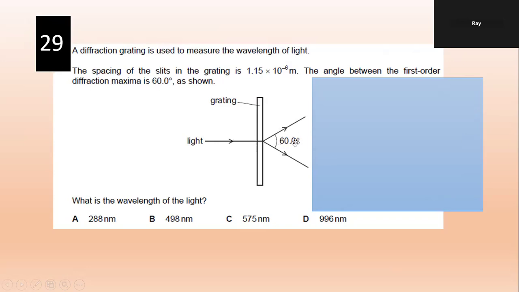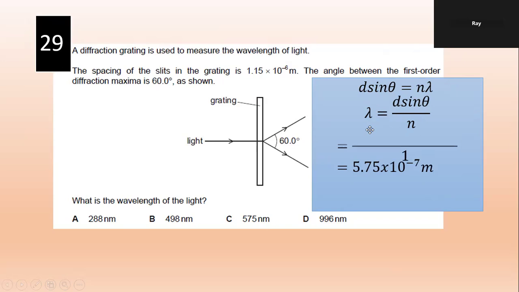So that's why I divide this by 2, get 30, then use this formula lor. Lambda is d sine theta, take the n down there, and then put in the equation lor. First order, n equals 1, that's your wavelength, and sine 30, answer C.